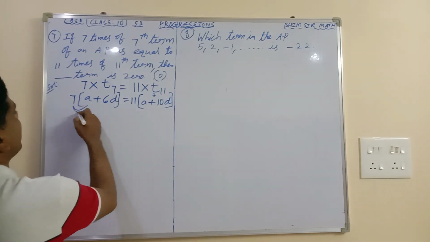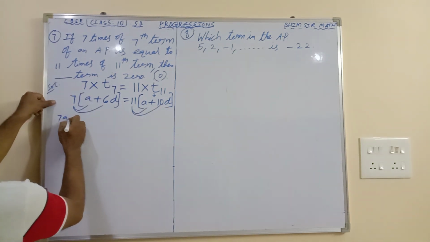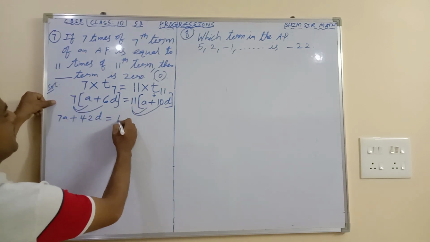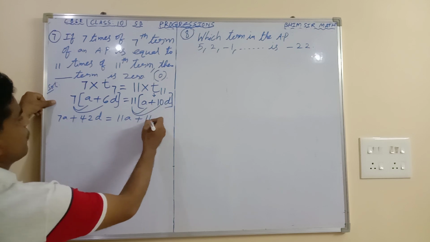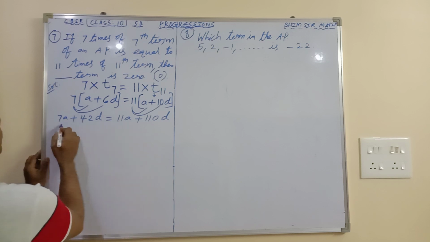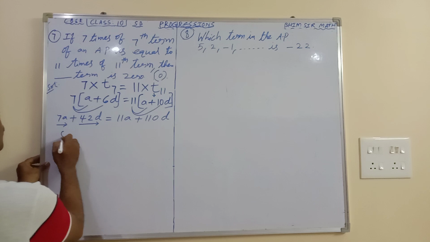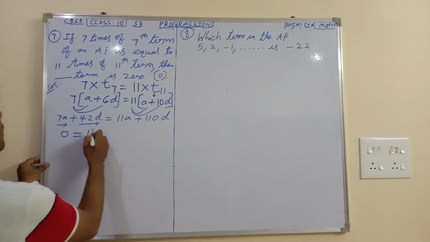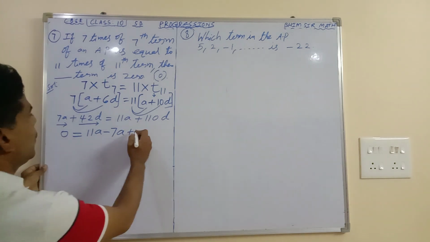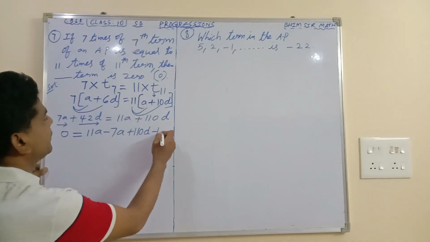Now multiply this by 7, and this by 11. 7A plus 7 sixes are 42D. 11A plus 11 tens are 110D. Yes, just bring all the terms to the right hand side, so no terms are there on the left, 0. 11A minus 7A plus 110D minus 42D.